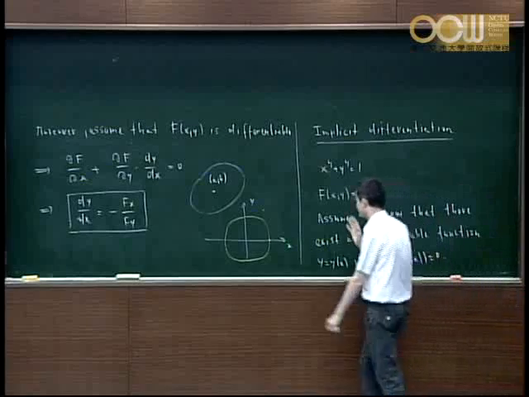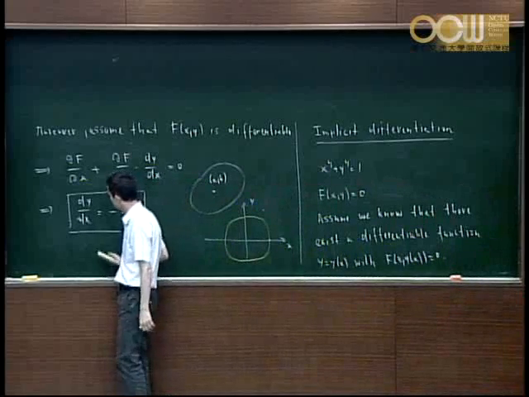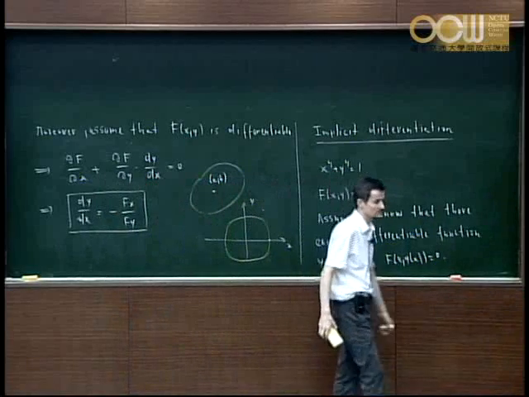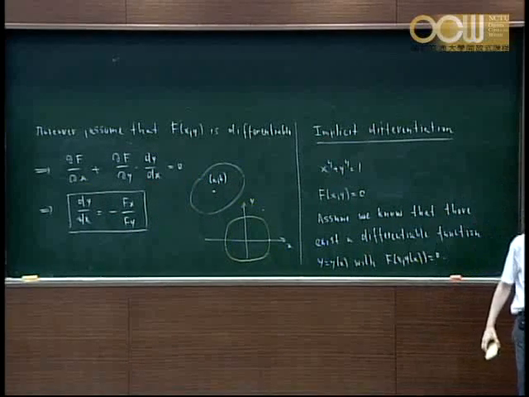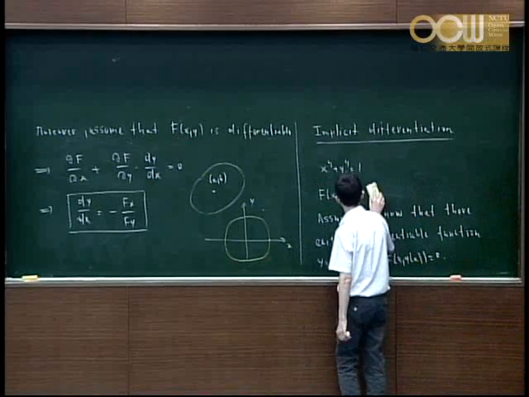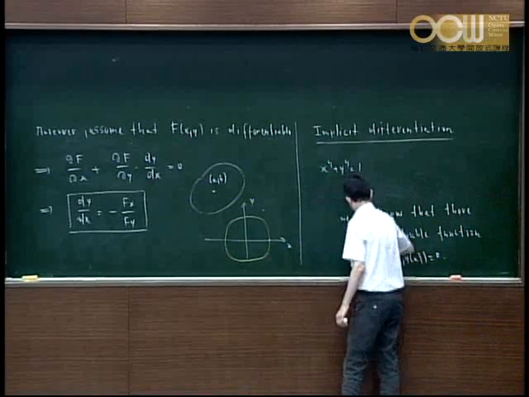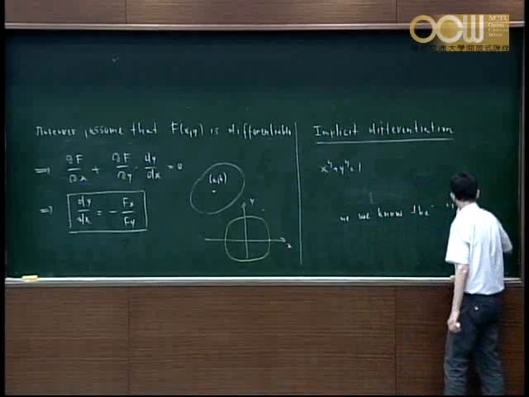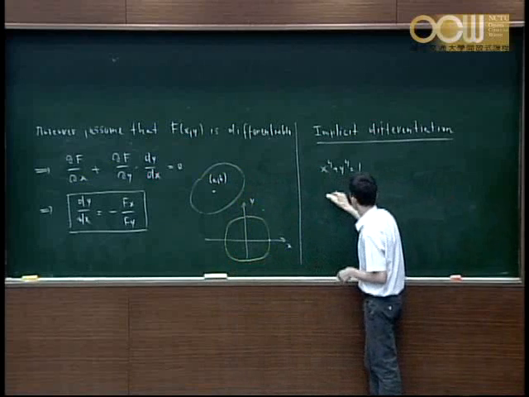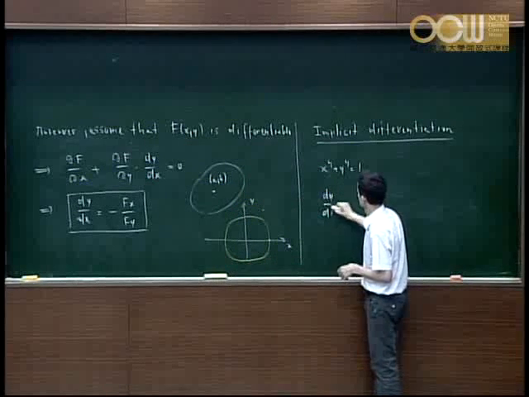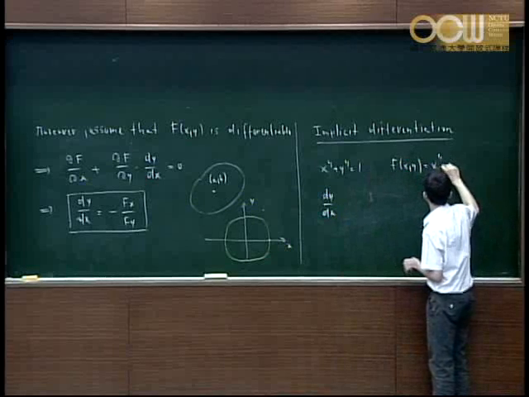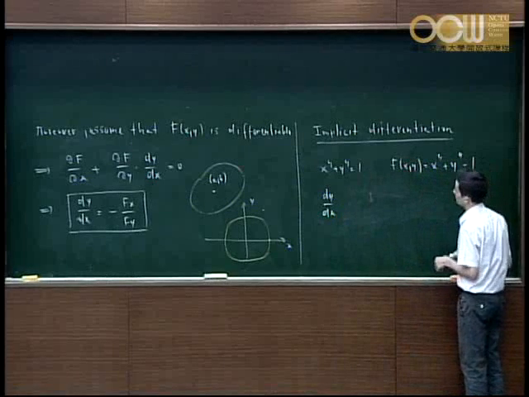But the important thing is that the chain rule gives you an easy method, for a general situation, to compute the partial derivative. So, for instance, in this case, the function is x to the 4 plus y to the 4 minus 1.